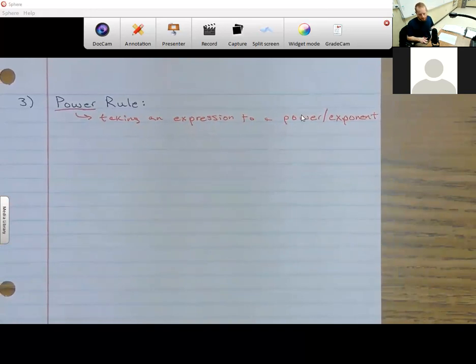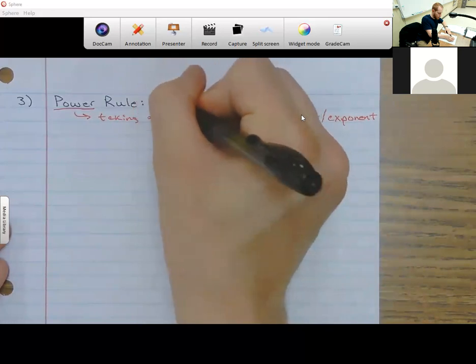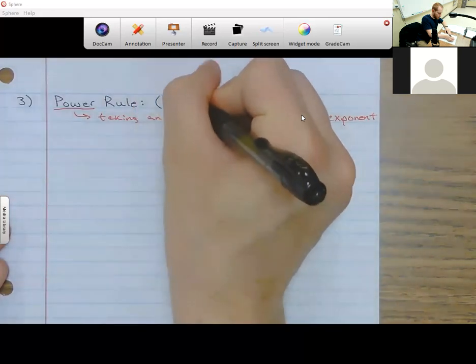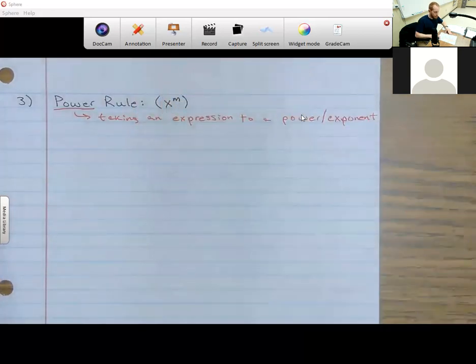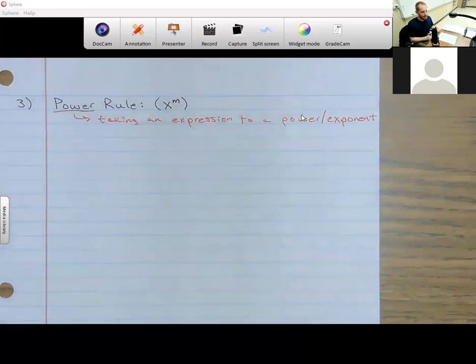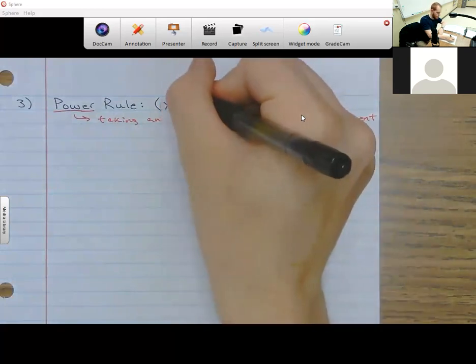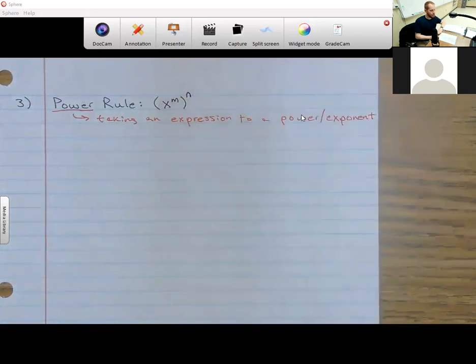Well, basically, you're going to have a set of parentheses, right? Let's say I have x to the m power inside parentheses. X is my variable, and m is my exponent. But let's say I'm taking an exponent to an exponent. So I'm going to raise everything on the inside to the n power, so I'm going to write an n right here, okay?